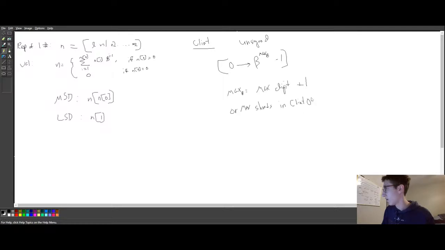Great. So we defined what a CLINT object is. We discussed how we lay it out. So now we've talked about representations, values, as well as ranges and basic implementation of the max digit. So it's pretty cool.